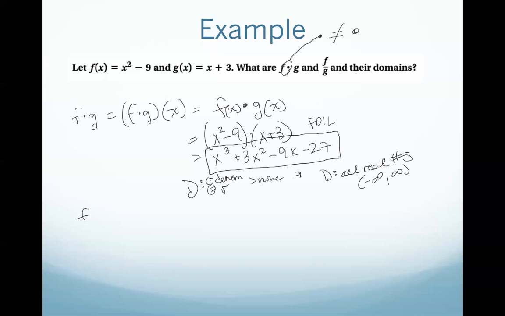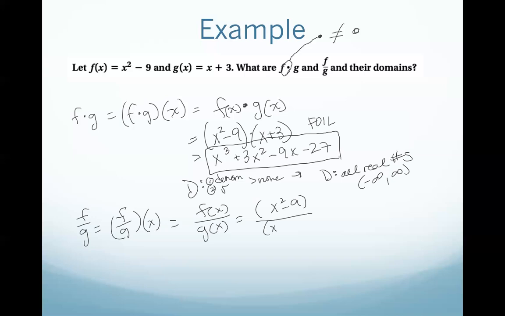For f over g, or f divided by g of x, that's f of x divided by g of x. So that means f of x in the numerator, x squared minus 9, g of x in the denominator, x plus 3. Okay, now this is important. I can actually simplify this fraction, right?